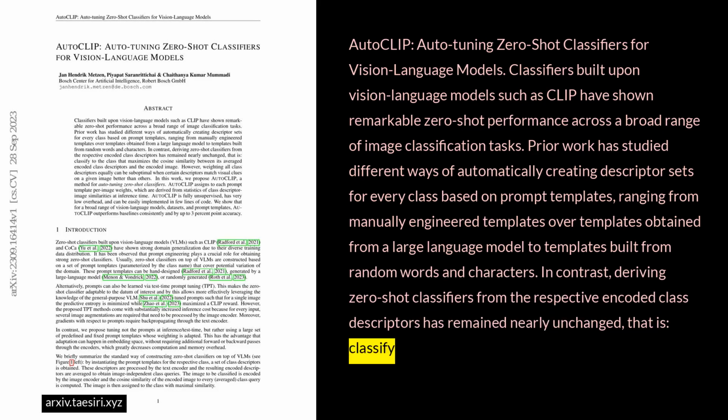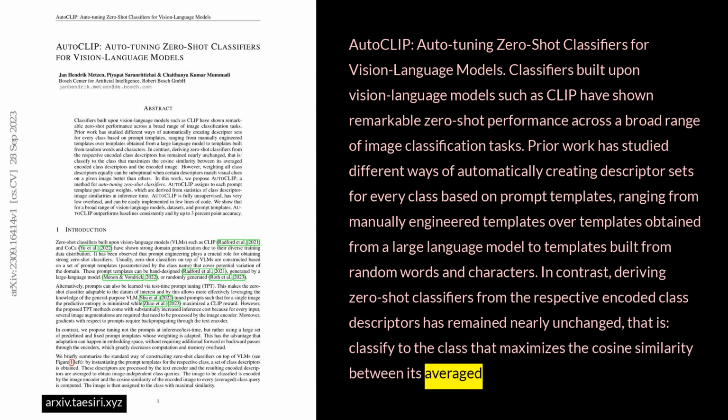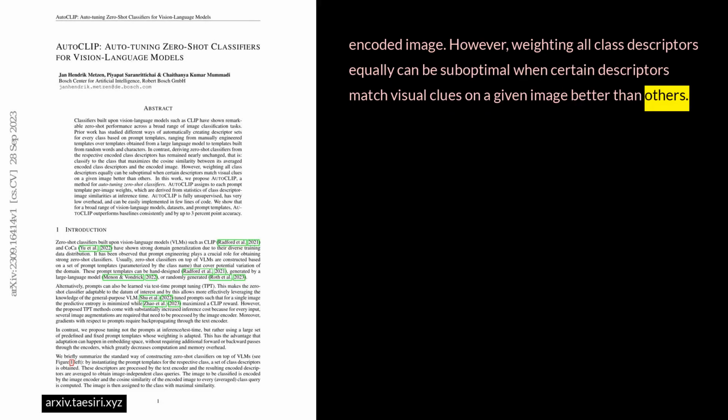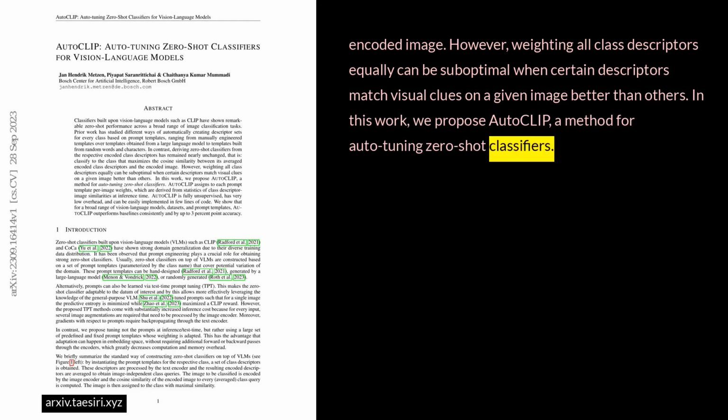That is, classify to the class that maximizes the cosine similarity between its averaged encoded class descriptors and the encoded image. However, weighting all class descriptors equally can be suboptimal when certain descriptors match visual clues on a given image better than others. In this work, we propose AutoCLIP, a method for auto-tuning zero-shot classifiers.